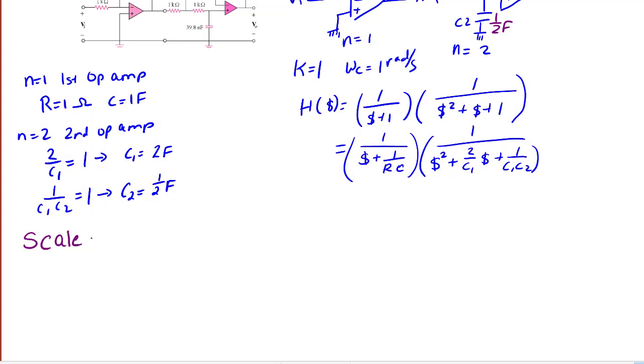So now we scale the prototype. R prime is equal to 1 kilo ohm. So Km is equal to R prime over R, which equals 1,000.